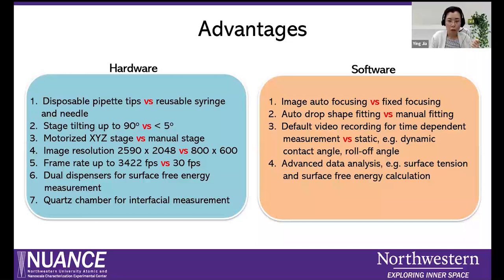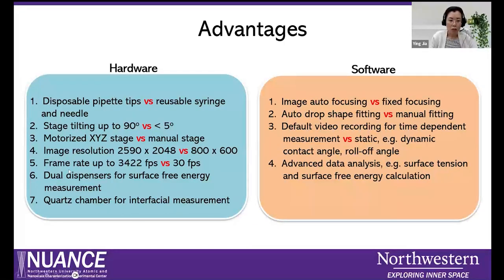The camera also has a pretty big upgrade from a very limited resolution of 800 by 600 up to 5 megapixels, 5 MP. So this is a pretty good resolution. Well, still not comparable to your cell phone, but considering measurement, this is a very nice resolution, which will help you do accurate shape fitting and get accurate contact angle measurement.